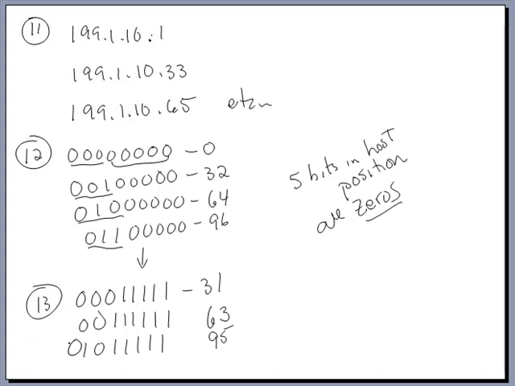So I need 8 bits altogether: 1, 2, 3, 4, 5, 6, 7, 8. So I have 0, 1. So I keep the 1, I change the second place to a 0, and I add all ones. And that gives me my 95. And again, I want to keep going until I get to the last one.